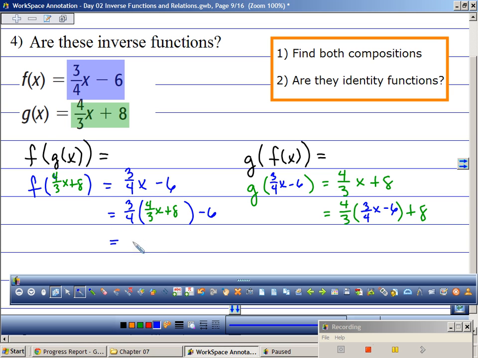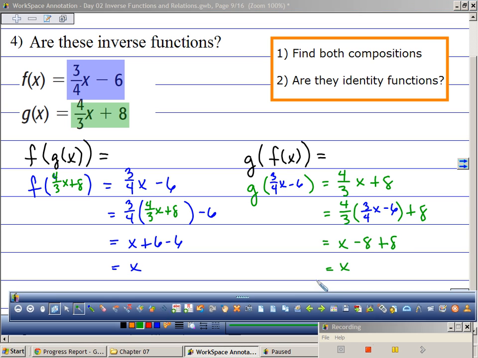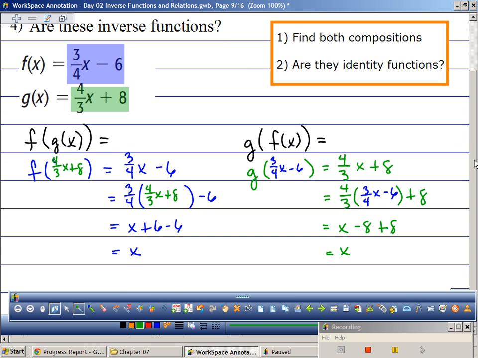Finish off over here. These cancel each other out, and I just get x plus 6 minus 6 equals just x. Over here, I get x minus 8. 4 times 2 is 8, plus 8, which is x. Are they identical? Yes. Are these inverse functions? Yes.